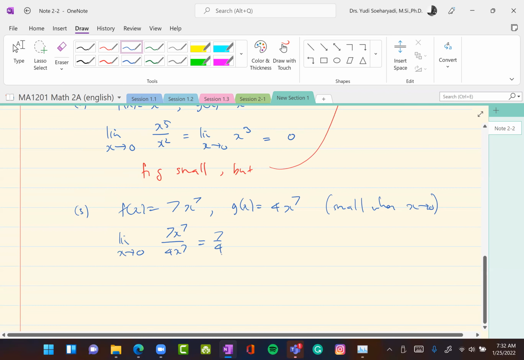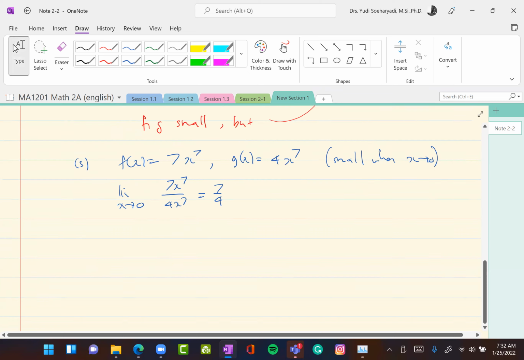All right. So our conclusion here is that you have a small over small, which is somehow unfair. Indeterminate.